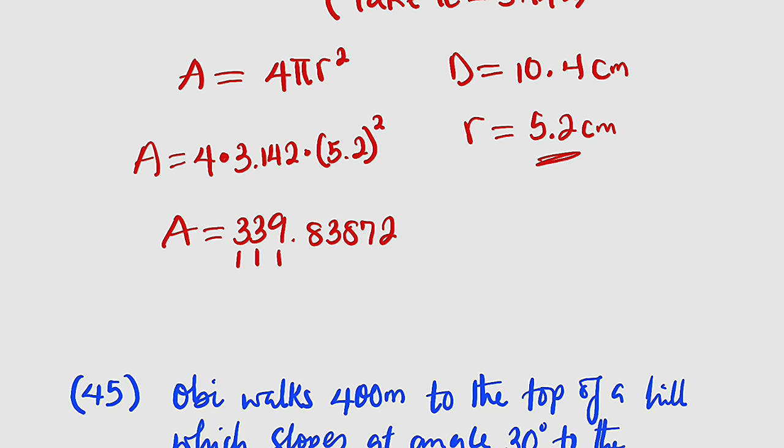So we have to stop at 339. But remember that you have to look at the next digit. Once it is greater or equal to 5, you have to round it up. So because this is 8, you have to add 1 to this number. And the moment you add 1 to this number, it becomes 10. And 1 will come to this number to become 4. So 340 altogether. So area will be 340 cm squared.